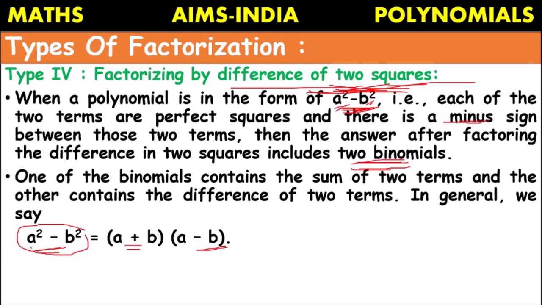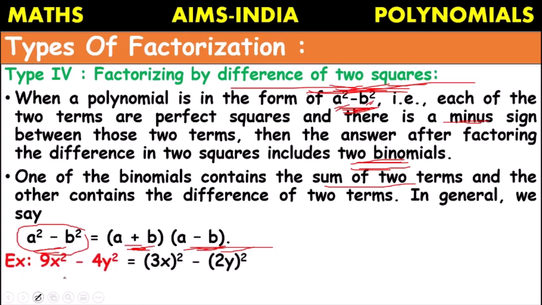Here the difference of two squares can be written as the product of the sum of two terms and the difference of two terms. So we will get two binomials, one binomial will be the sum of two terms, the second binomial will be the difference of two terms. So like that also we can find factors.